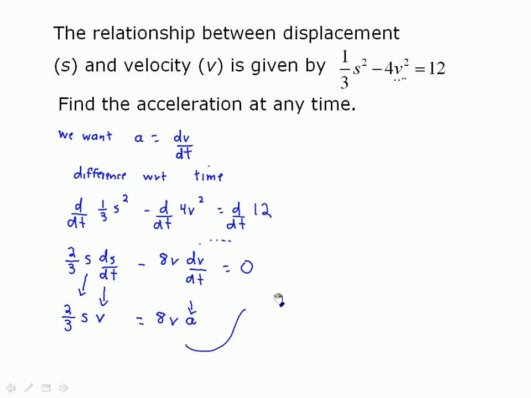So I'm going to divide by 8v. So I get 2/3 sv times 1 over 8v. This is equal to a. And then the v's divide out, and the 2 and the 8 will divide. So we end up with 1 over 12 s, because the v's are gone, is equal to the acceleration.